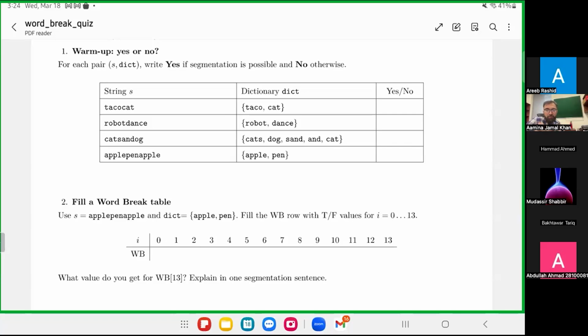A few people have given answers. For example, someone said that WB of 0 is true, which makes sense. WB of 5 is true, which is fine. Anything between 0 and 5 is not true. And WB of 8 is true, yeah, 5 plus 3, WB of 8 is true.